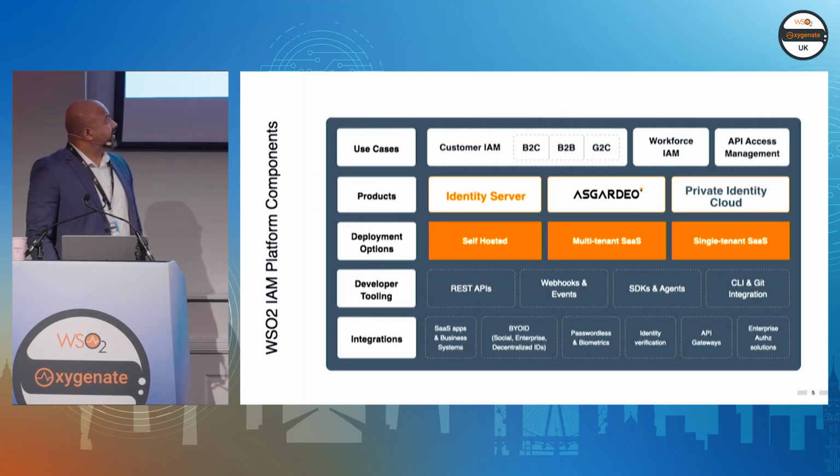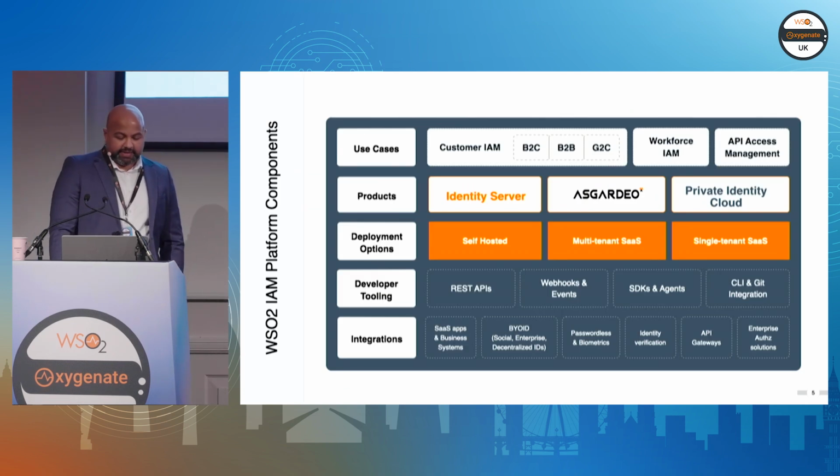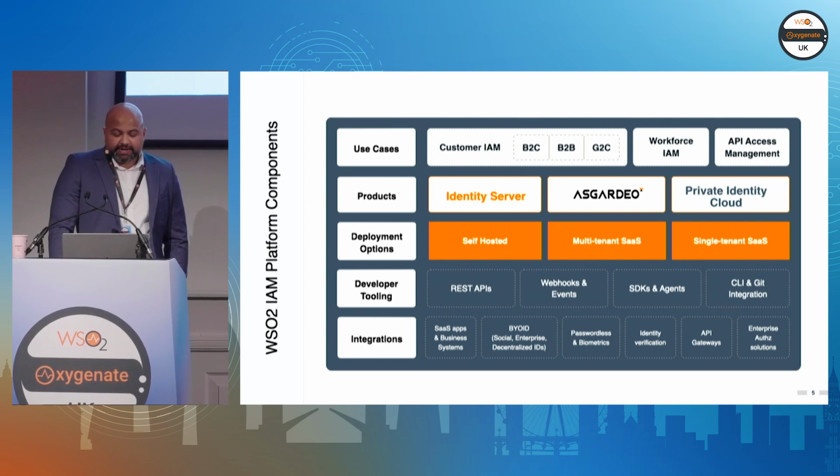So if you look at the identity and access management platform component in general, this basically depicts certain use cases that you typically look into when you think of an IAM solution. Under that, you can see Identity Server, Asgardeo and private identity cloud have been listed as products. The choice between these products will depend on how you would like to host this particular solution.